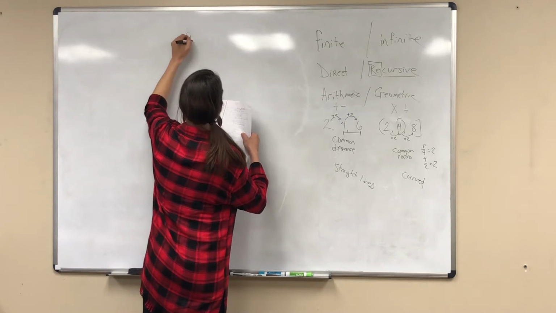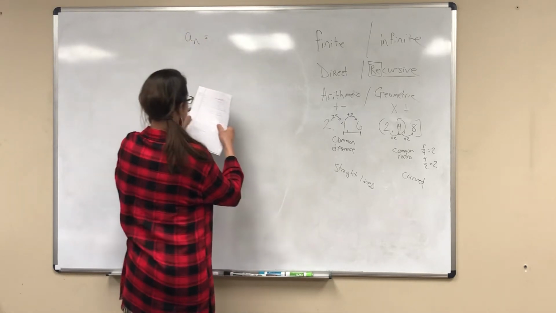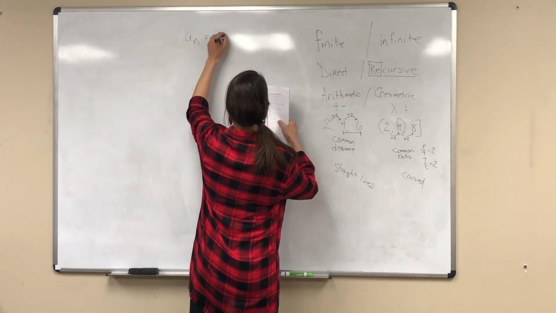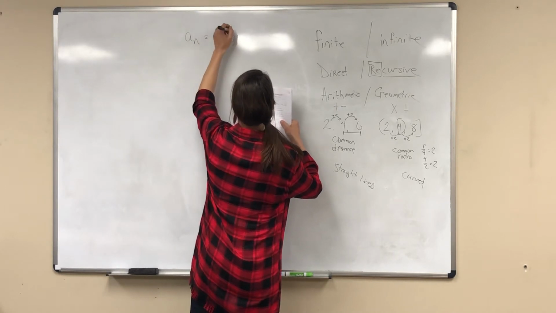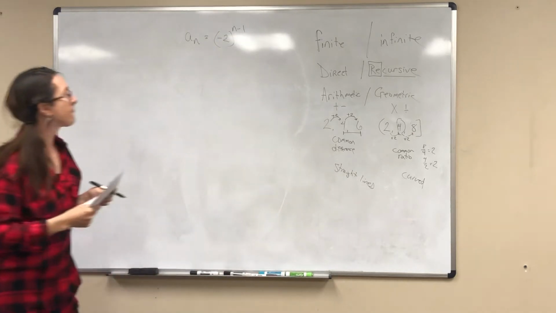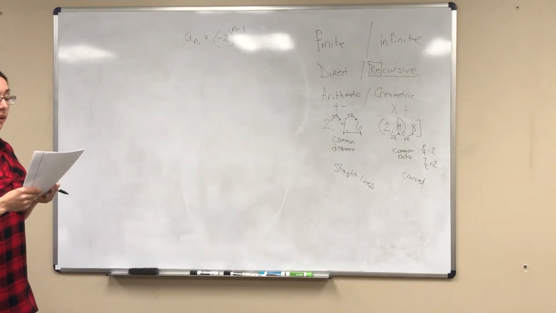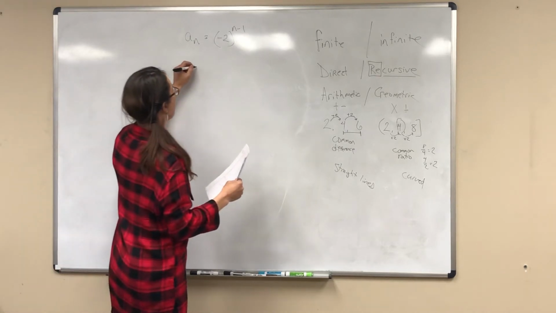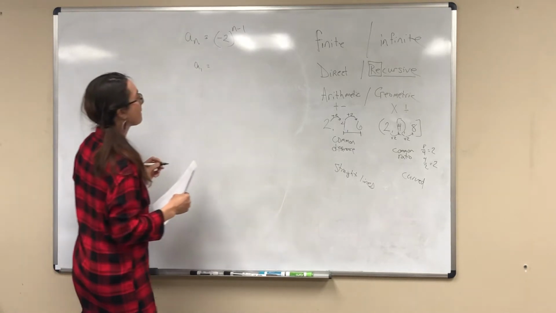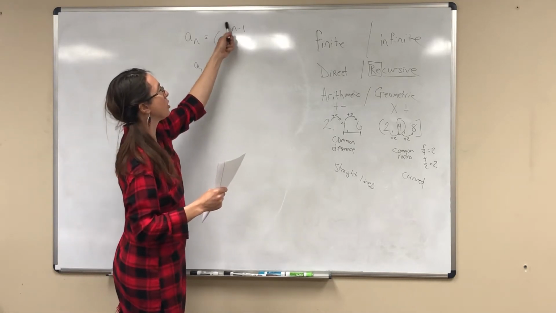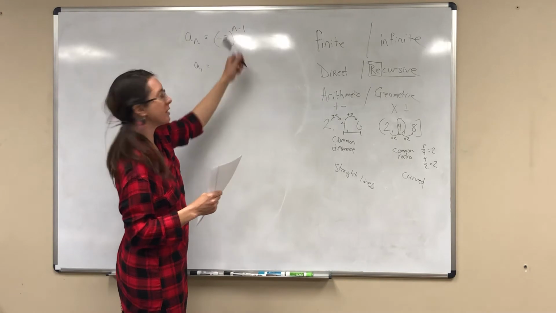I have a of n is equal to... okay, we're simply going to find our first 4 terms. 1 minus 1 is 0, so a of 1 is 1, because anything to a 0 exponent is 1.